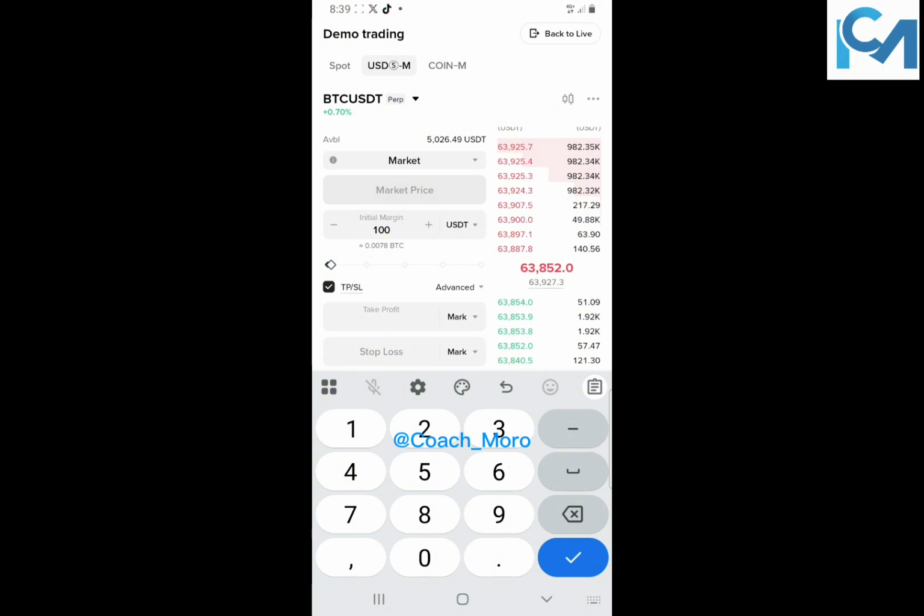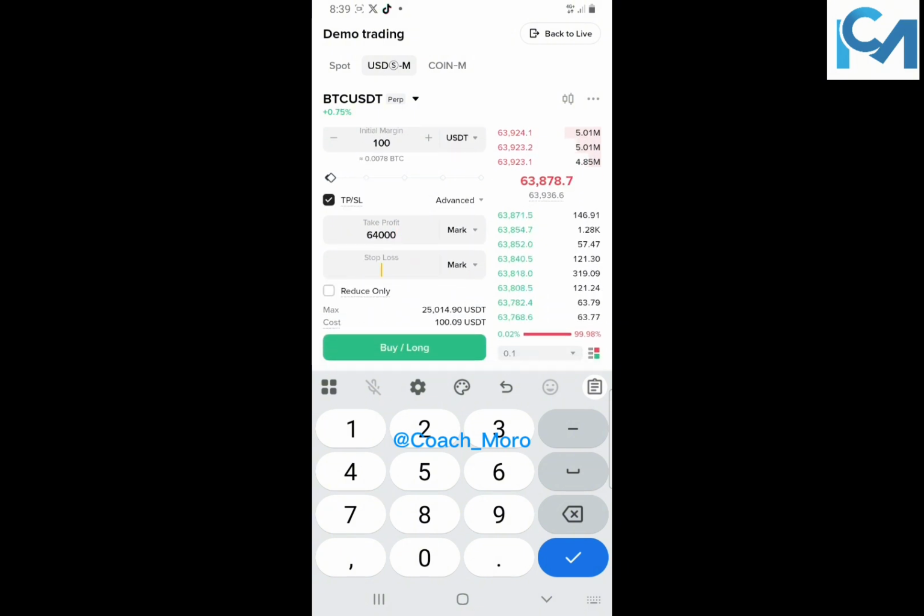So assuming the current price is 64k, 65k is above the current price and 63k is below the current price. Take profit, 64,000. You see the current price was 63,600, and it's fluctuating, so I'm not able to mention.